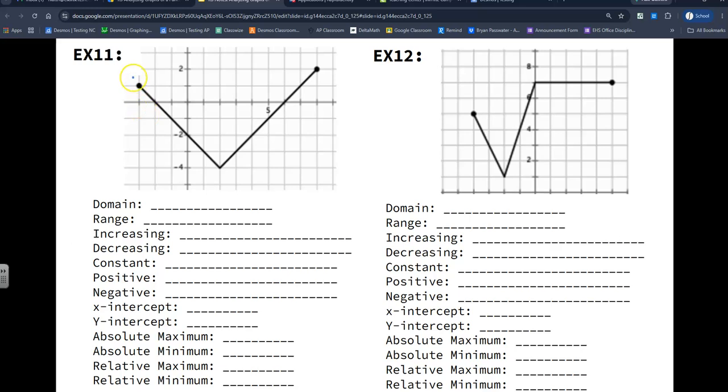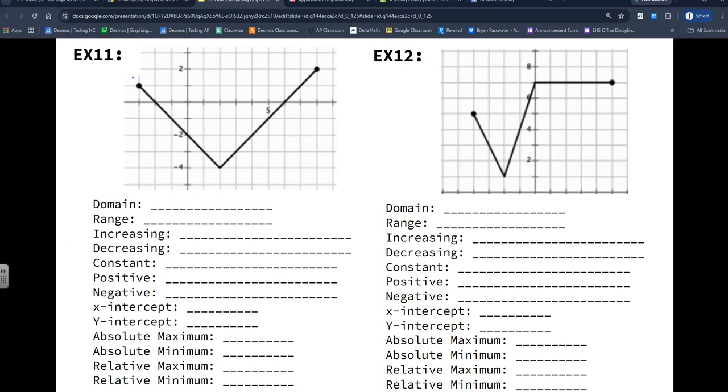Jalen, if we do the domain here, remember, if you guys had, I know I didn't pass out your domain and range finders, but I'll get those to you in a second. But if we start over here and we go across with our domain finder, right? What number do we start at here? -3.